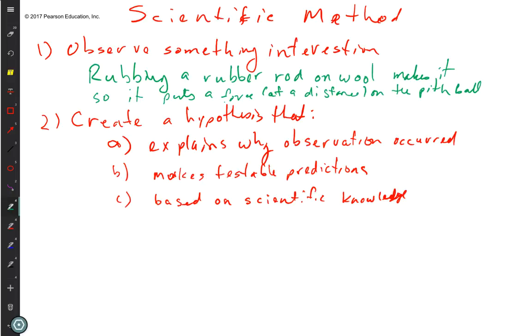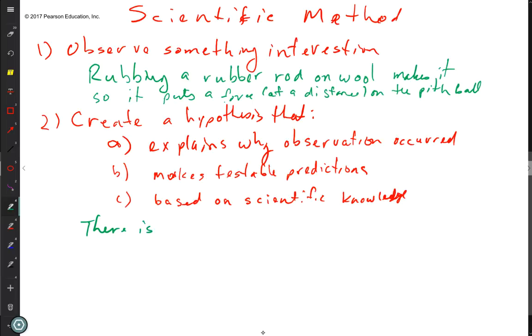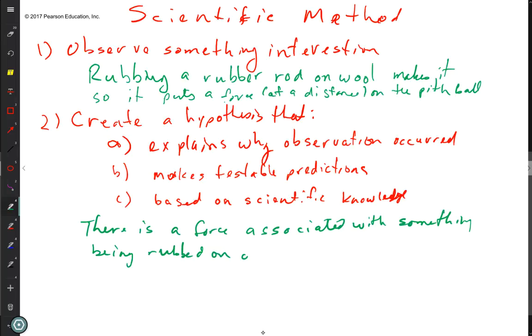I went through a lot of talking here on the create a hypothesis part and doing some experimentation. But the hypothesis is, there is a force associated with something being rubbed on or off.